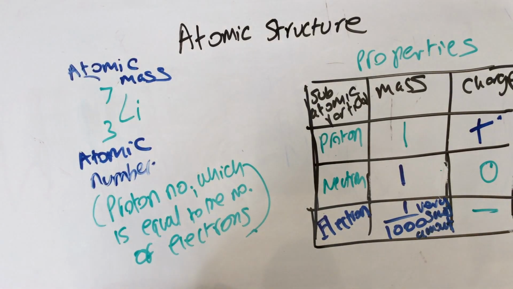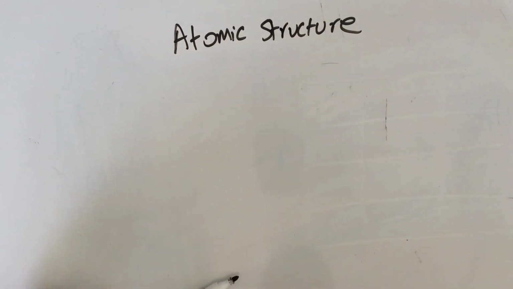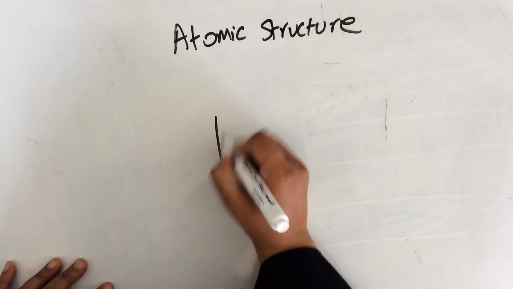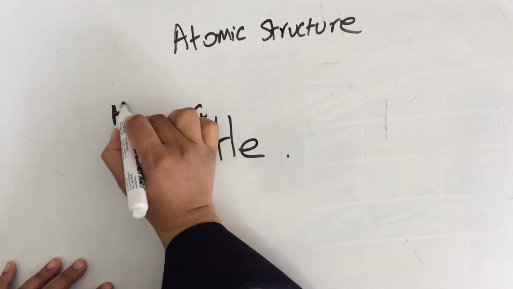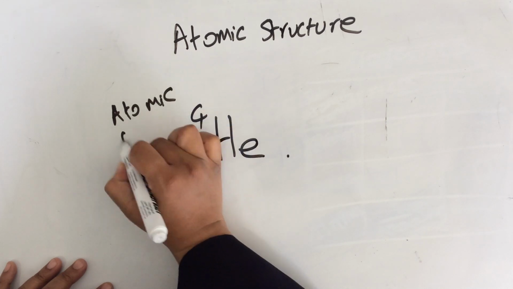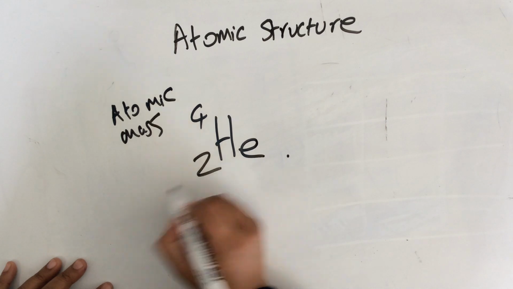Let's just show you what helium is. Helium has an atomic mass of 4, and it has an atomic number of 2.